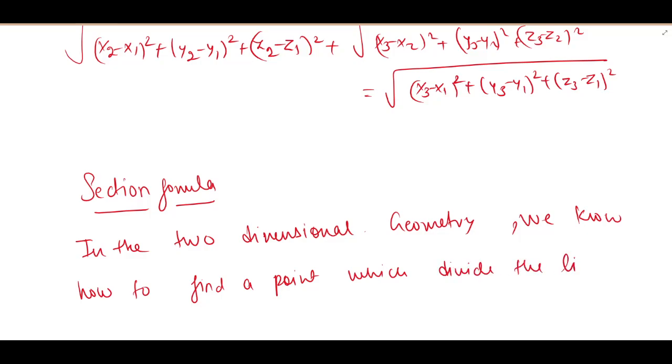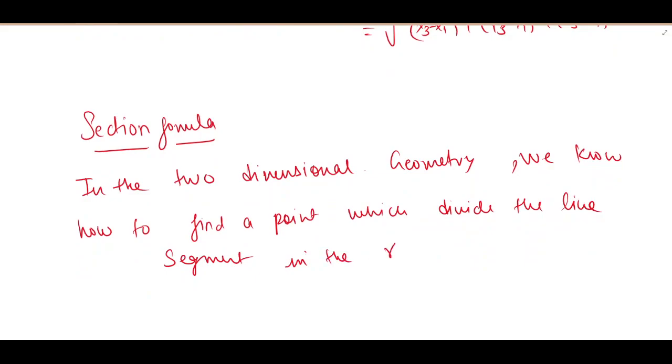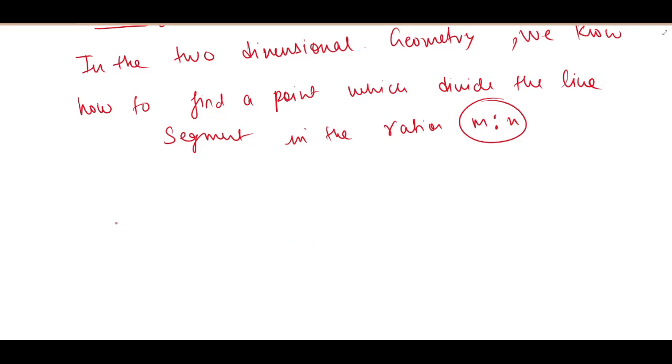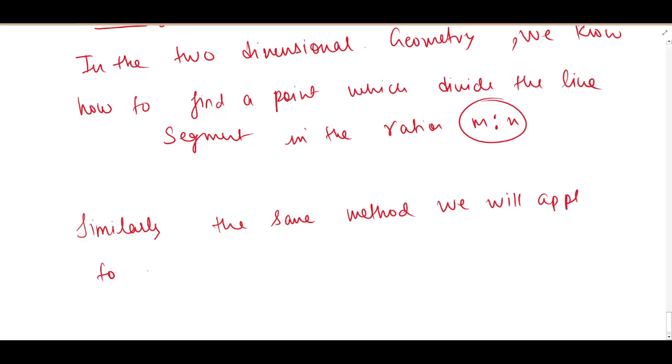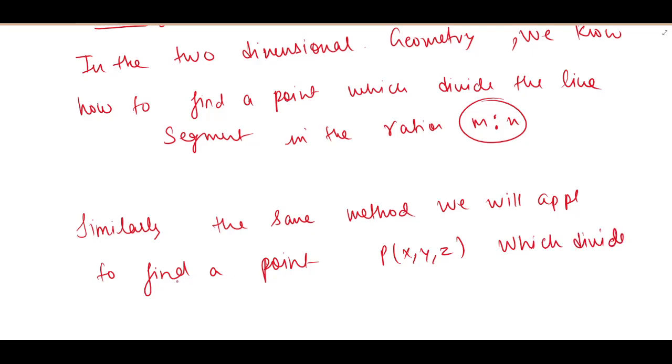Similarly, the same method we will apply to find the point P x comma y comma z which divides the line segment, let's say QR, in the ratio m:n.